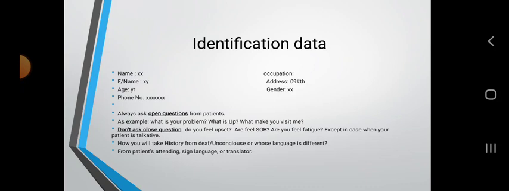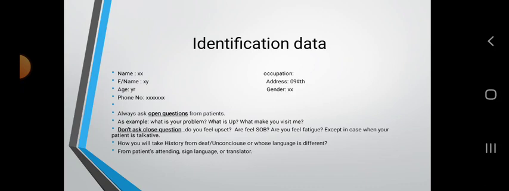For example, if we ask open questions, like what is your problem, what makes you visit me, for what purpose the patient comes to the hospital, the main point why he visits. Then the patient will explain in his own words.